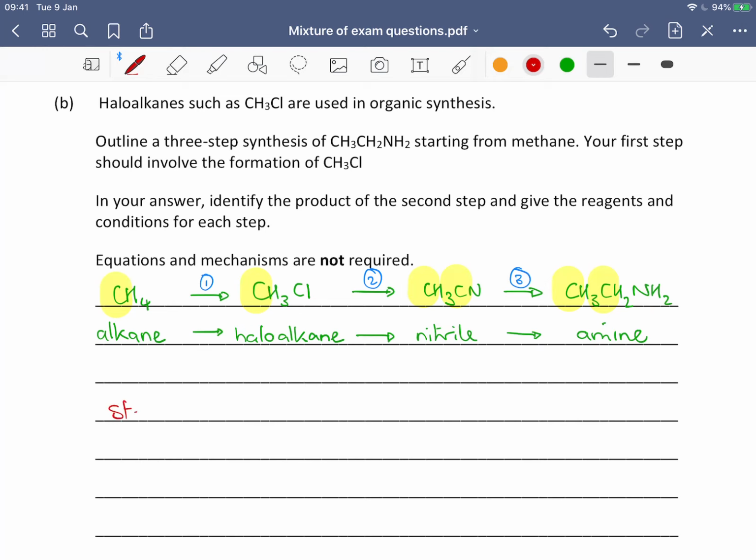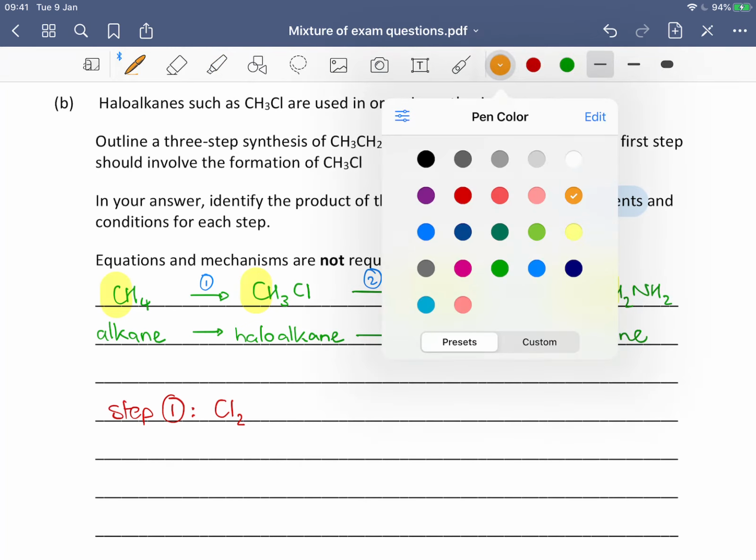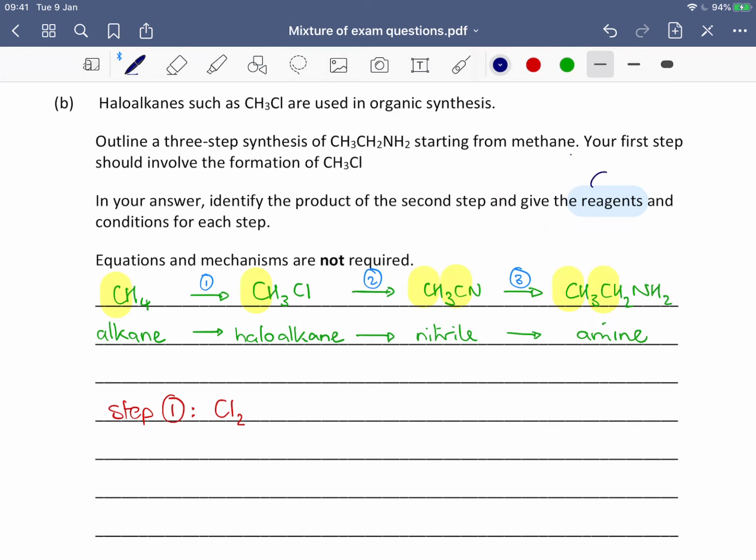Okay, so step 1. So we are going from an alkane to a haloalkane. So that's free radical substitution. And we are substituting a hydrogen with a chlorine. So we must be using chlorine, must be our reagent. Oh, and probably just before I carry on much further, when they say reagent, they mean the name on the bottle.